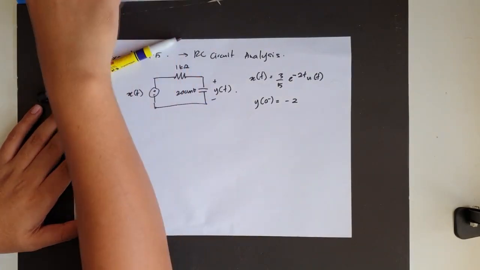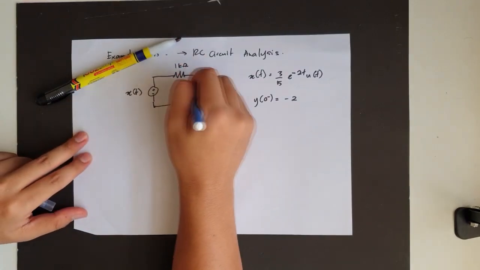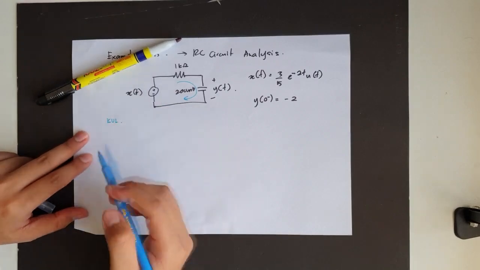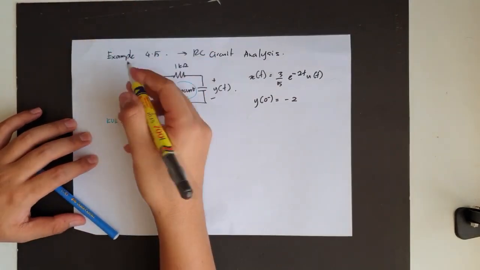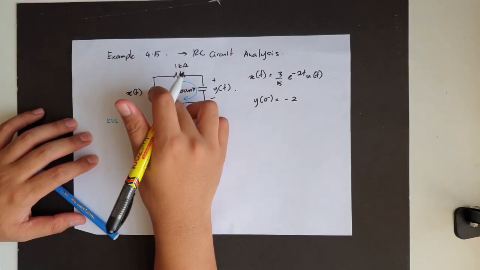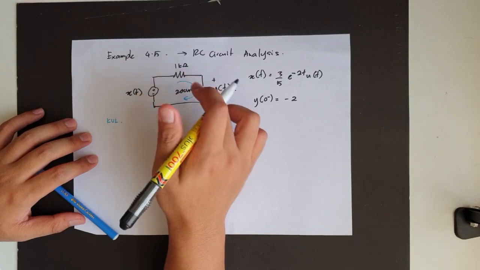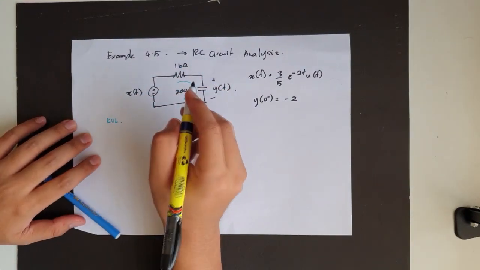So what is step 1? For the first step, we require to use KVL. Do you still remember what KVL is? KVL means that the power source voltage minus the voltage across the resistor and minus the voltage across the capacitor.